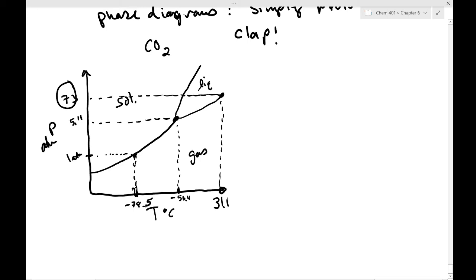That's when you can become a supercritical fluid of CO2. Now let's compare that to the phase diagram for water.